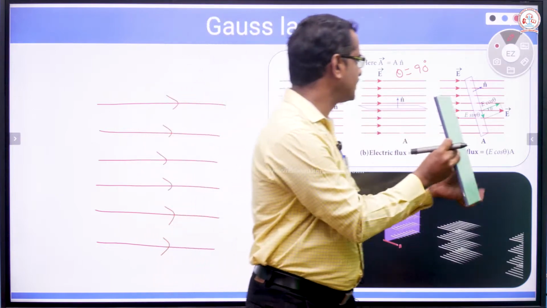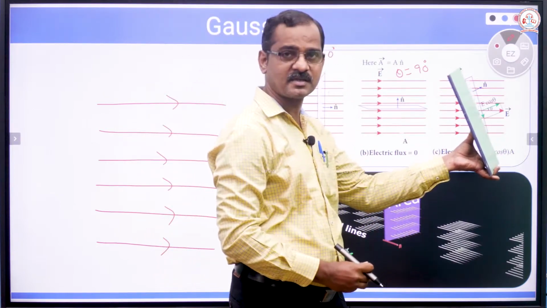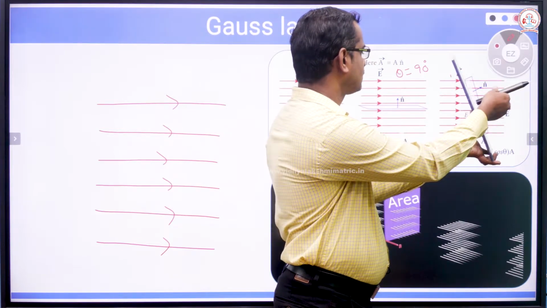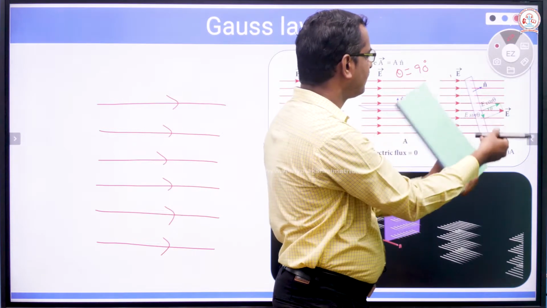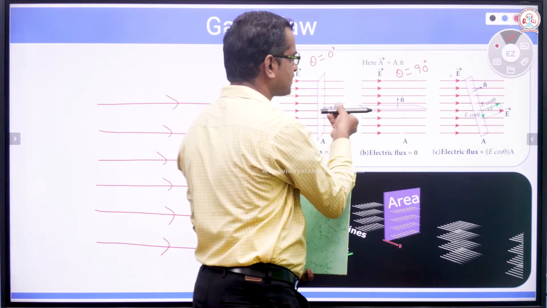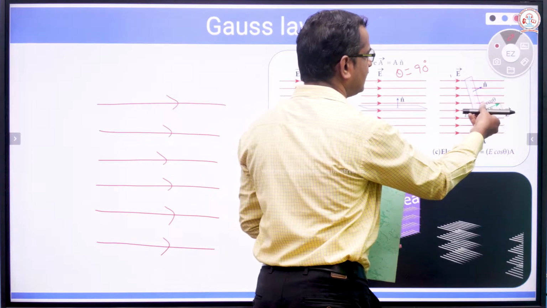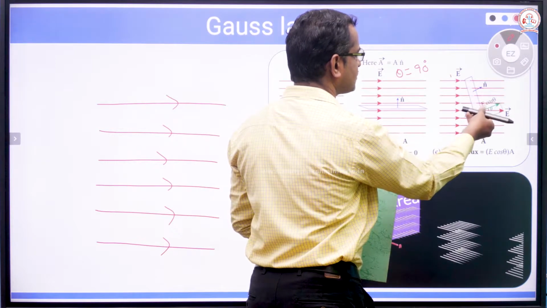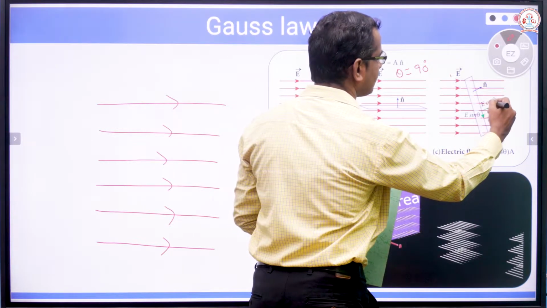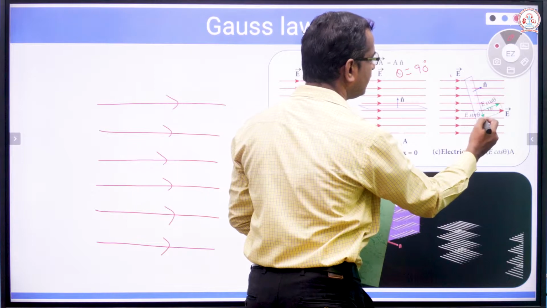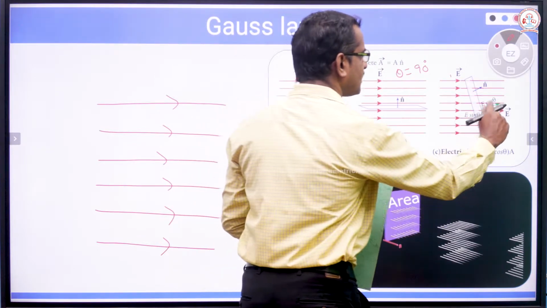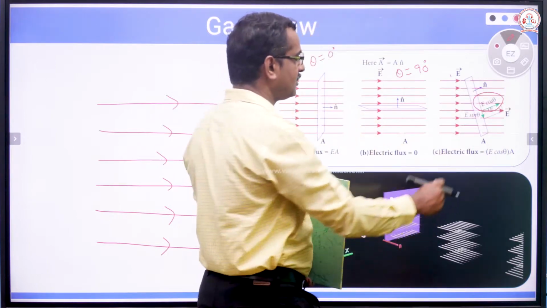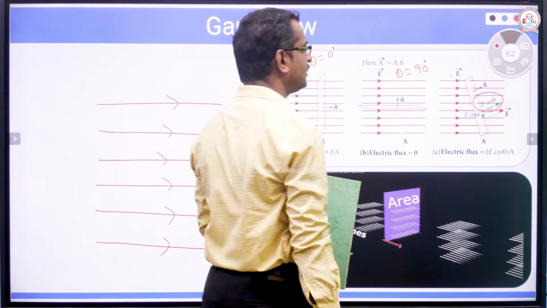In this case, you see that the surface is slightly inclined like this. This is the normal to the surface. The electric field is acting in the same direction. That electric field is resolved into two components. On this side you get E cos theta and here you get E sin theta. Now this E cos theta component is normal to the surface.